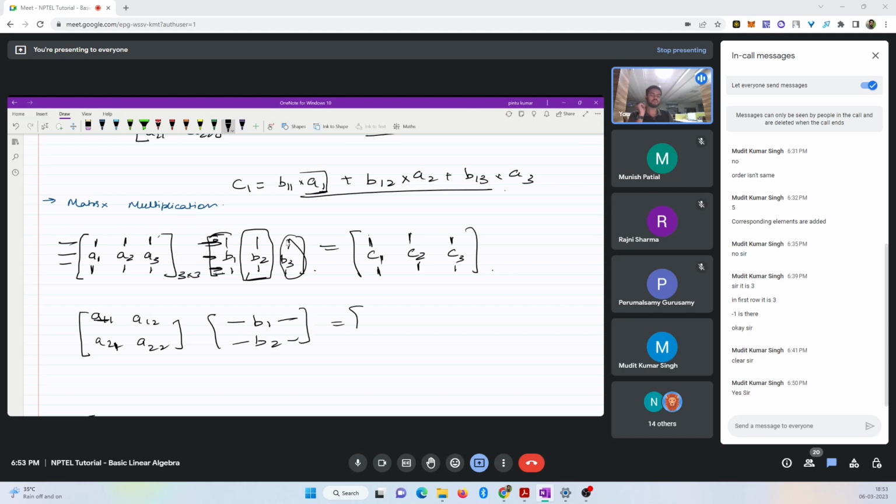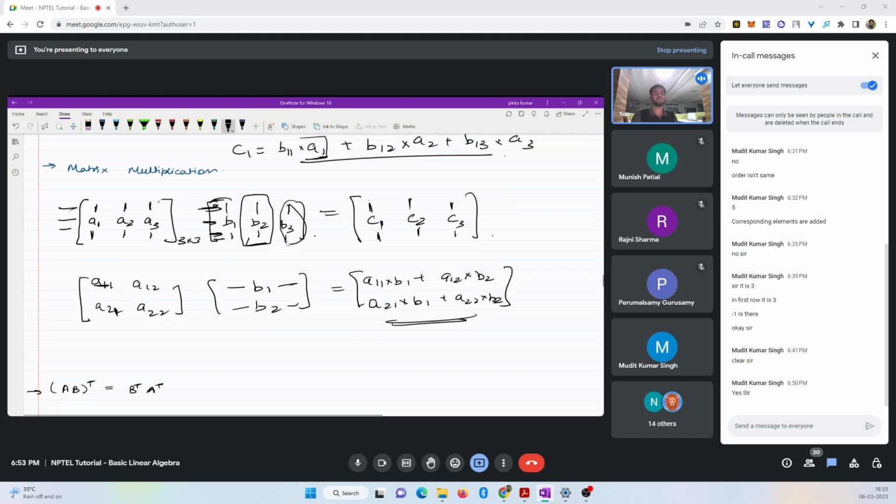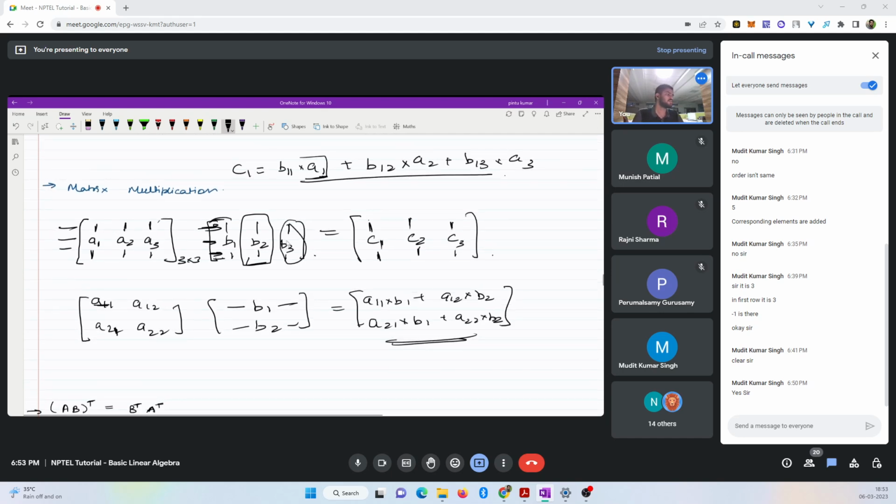Then our first row would be A11 into B1 plus A12 into B2. This is what I said. Now to obtain the second row, you do the same thing: A21 into B1 plus A22 into B2. So this is another view of matrix multiplication. Any doubt in this?